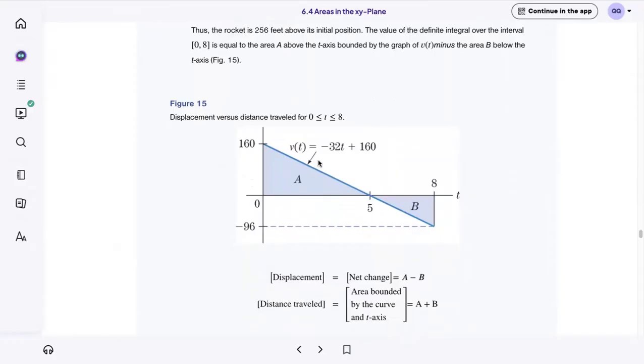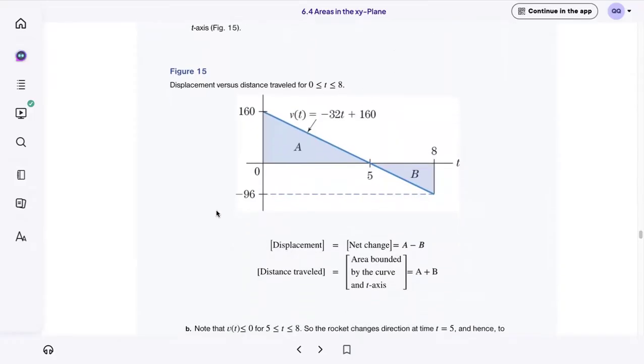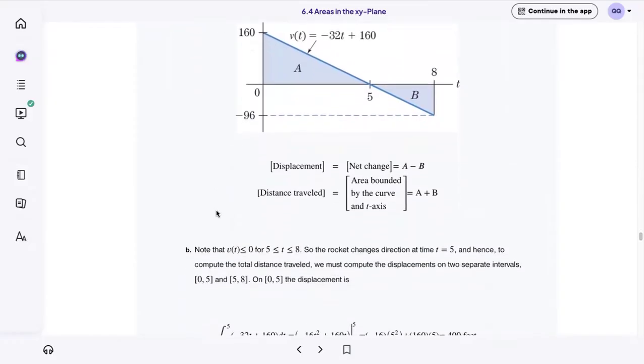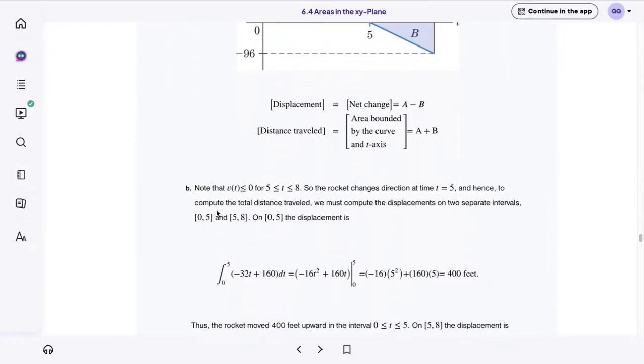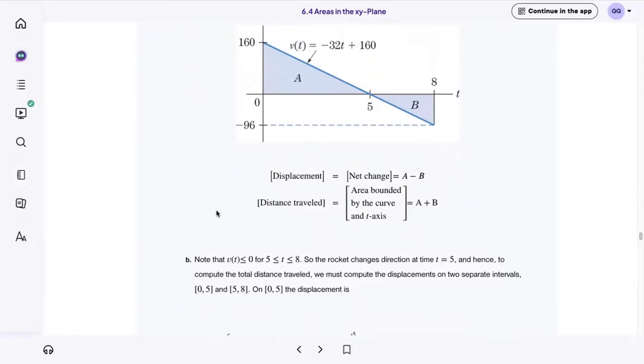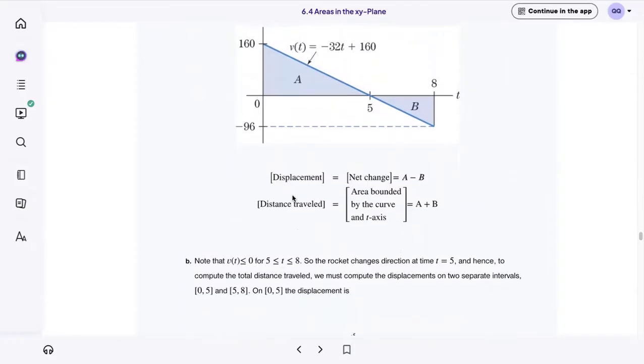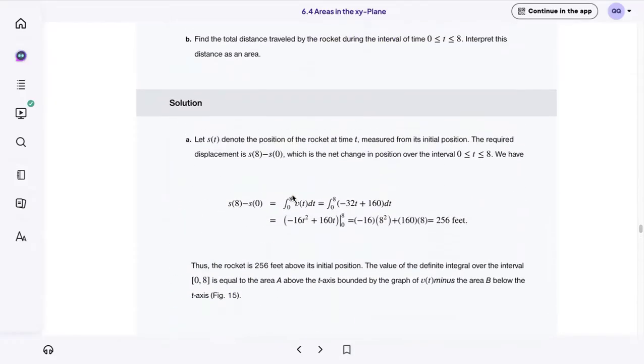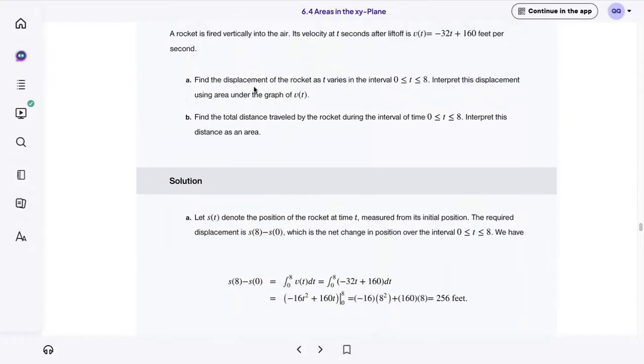So the graph looks like this. Well, let's see B. Okay. You see, A is asking to find the displacement of the rocket as t varies in the interval.